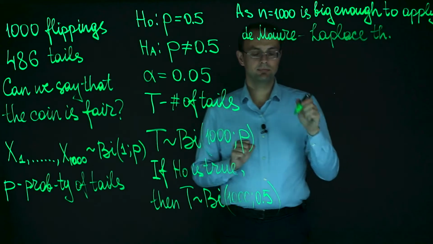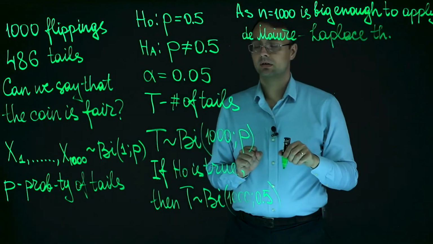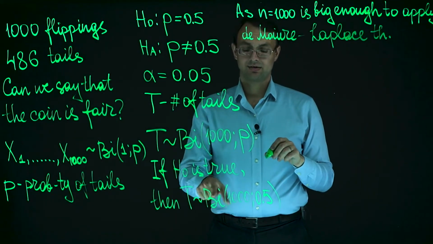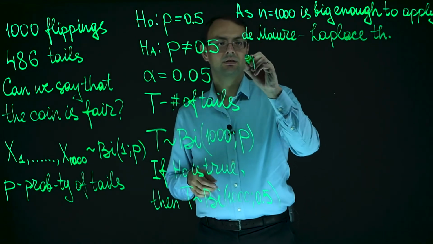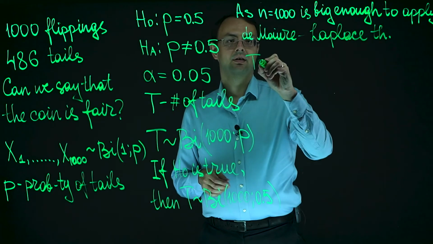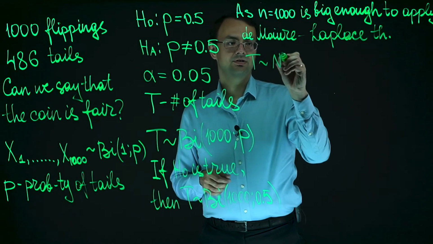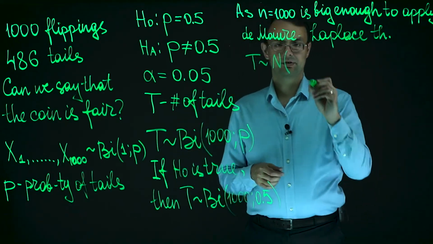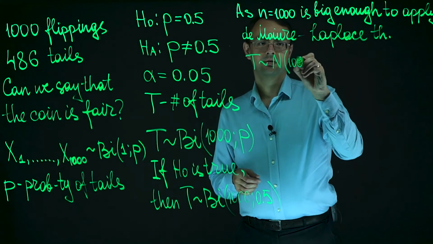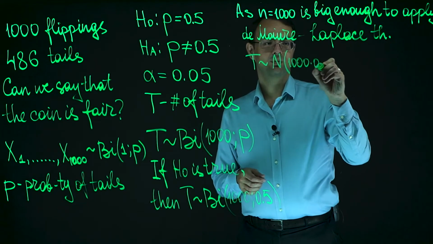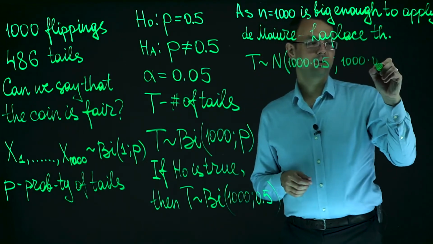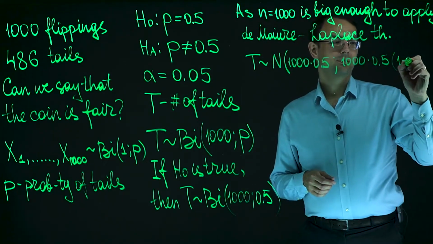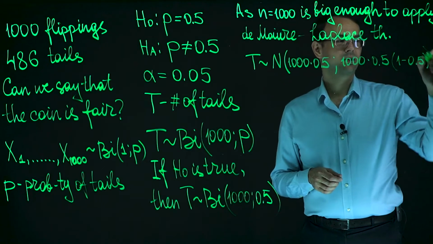We can assume that T is actually normally distributed, that T has normal distribution with parameters 1000 times 1/2 and 1000 times 1/2 times 1 minus 1/2, that is also 1/2.